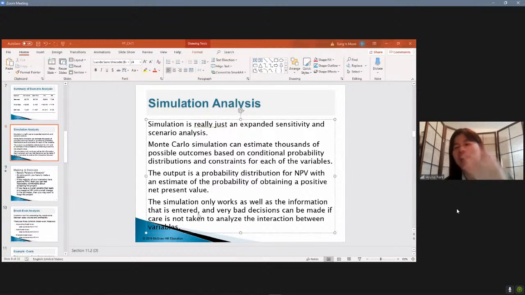Otherwise, no matter how complicated the methodology is, the outcome will be useless. So don't be fooled by fancy methodology. Simple methodology can sometimes provide better results than complicated methodology.